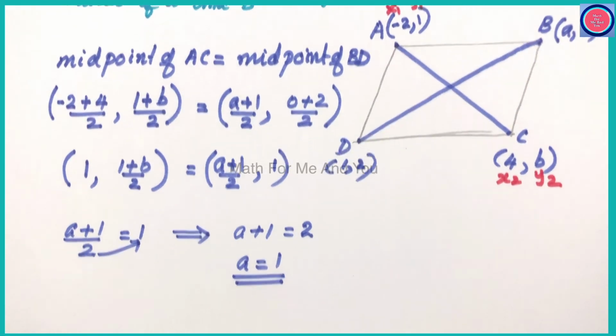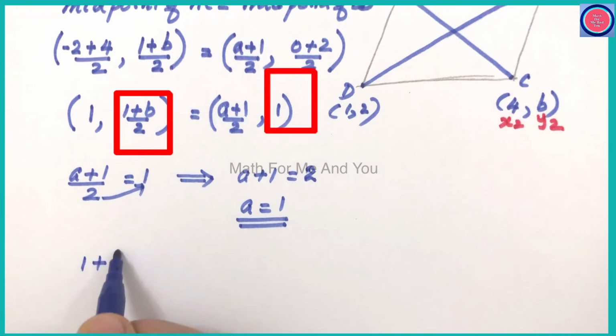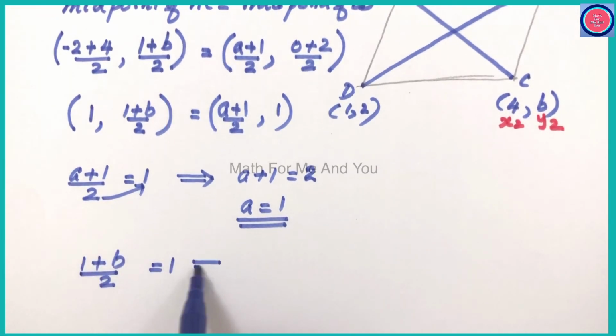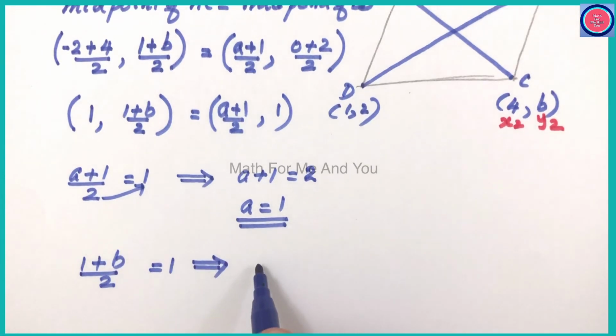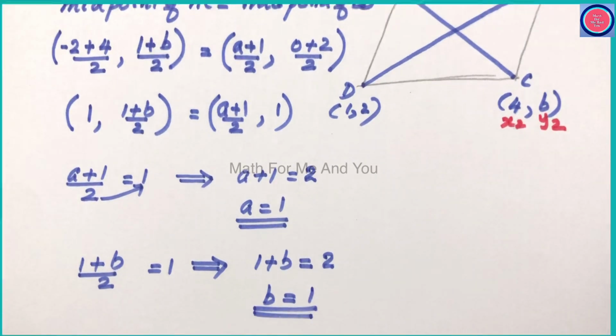The y coordinate on the left side is 1 plus b over 2. This is equal to the right side y coordinate, 1. Cross multiply. We get 1 plus b is equal to 2 times 1, that is 2. What about b? b is equal to 2 minus 1, that is b is equal to 1. Here we get the value of a equals 1 and b is also equal to 1.